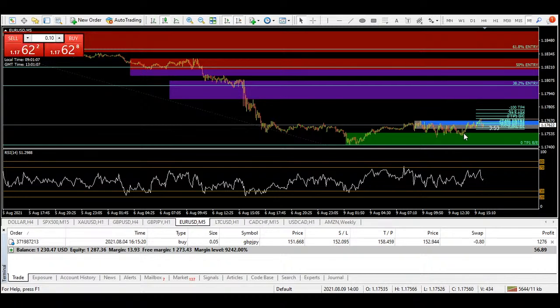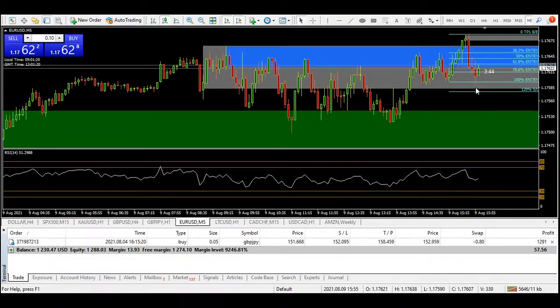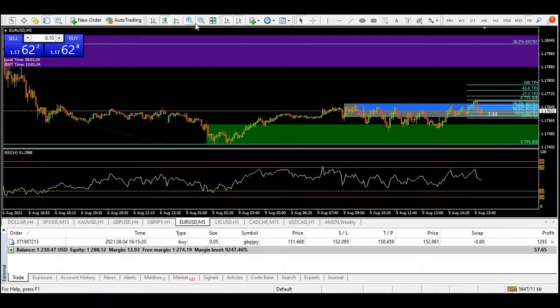This 5 minutes been choppy. It's crazy. It's been ranging like crazy. But looking for this push up.